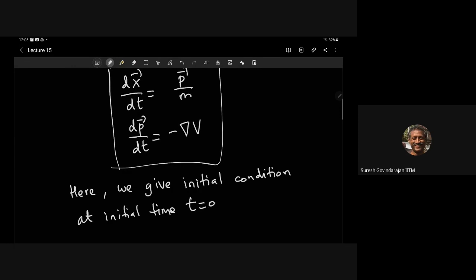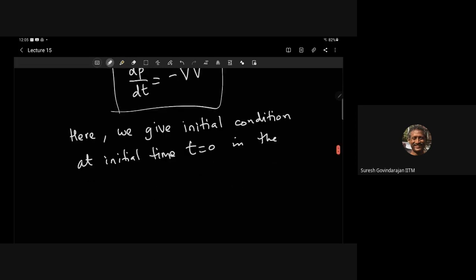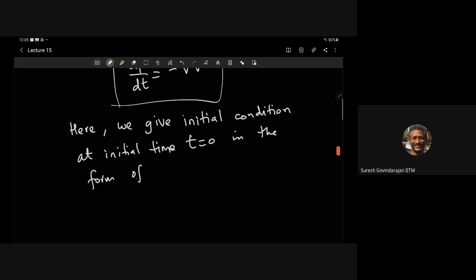I'm just choosing it to be 0 for simplicity, in the form of x at 0 and p at 0.